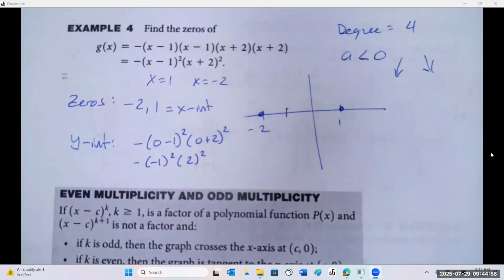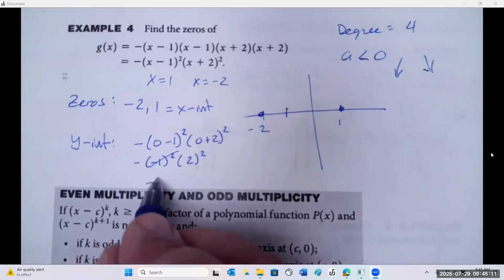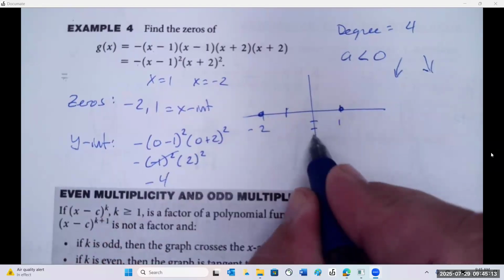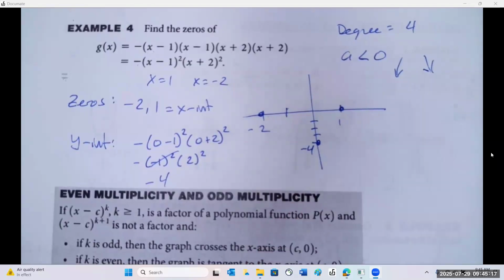What does that give us? What's our final answer? -1 squared is what? +1. 2 squared is 4. So it's -4. There's my y-intercept. It's not rocket science.